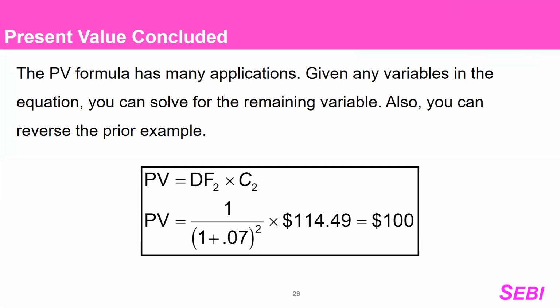Excuse me, sir. Can you go back one more time? Right. So in this example, we're told that you have a future cash flow of $114.49, and you expect this cash flow in 2 years' time. You're also told that the discount factor being used is 7%, right? So a 7% discount factor over 2 years times a future cash flow of $114.49 will give you a present value of $100.